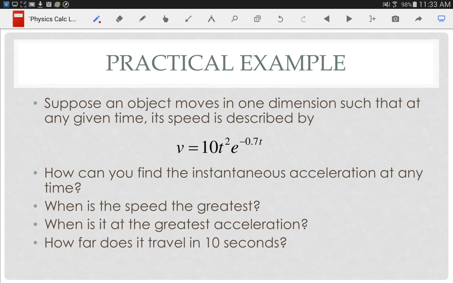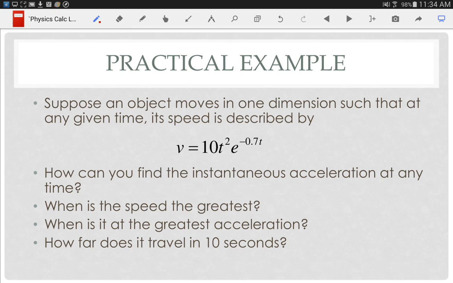So let's go straight to a practical example, except that I just made up this equation for the speed. Hopefully you will have at least one homework problem due on Friday that will have something akin to this: a calculus equation for velocity as a function of time, or potentially position or acceleration as a function of time, and then you're asked to work with it.